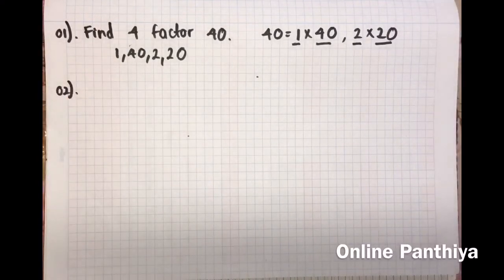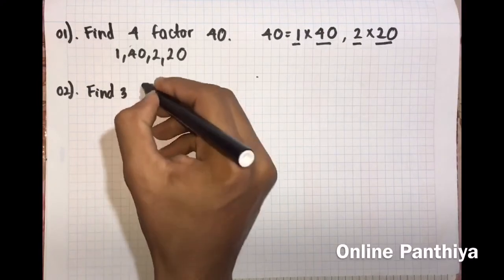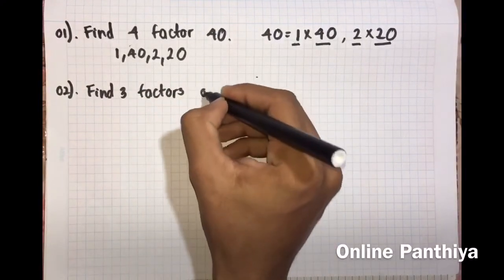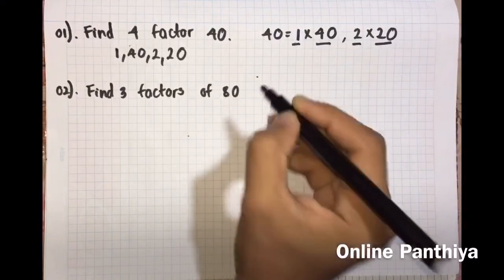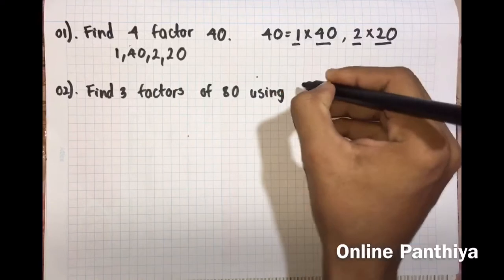Right, okay, this type of question we have not discussed, therefore we'll do one. Find three factors of 80, using the method of division.